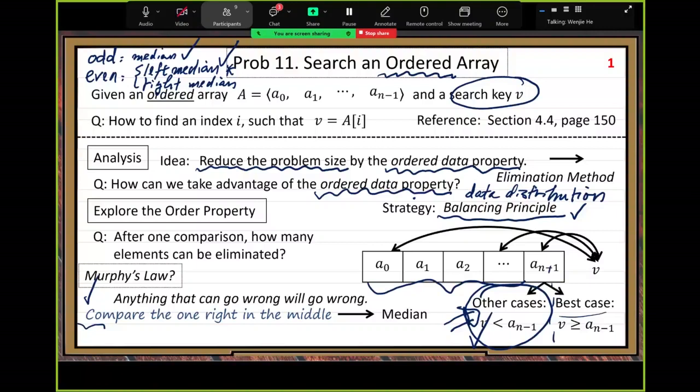So that's this balancing principle. I explained this principle, the median principle, before. So if you follow this principle, then it's very likely you get the best result.